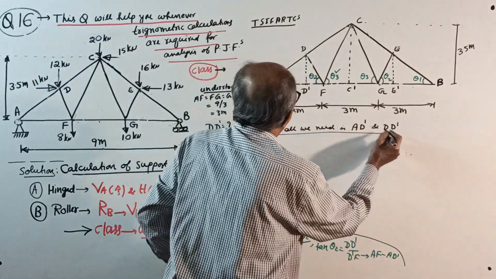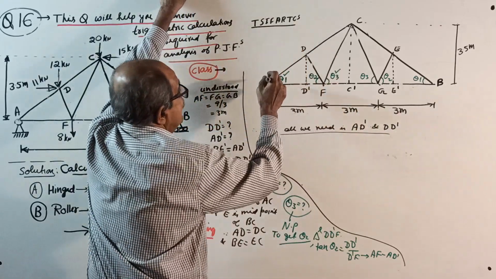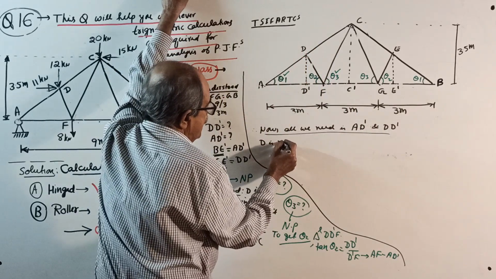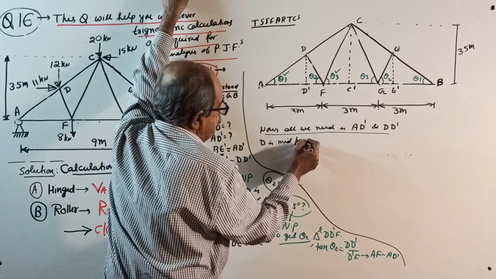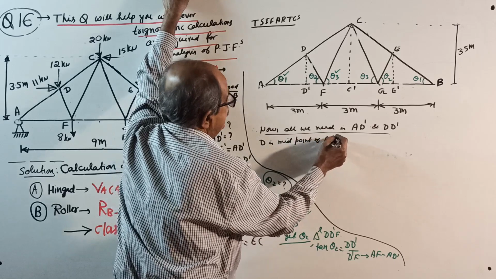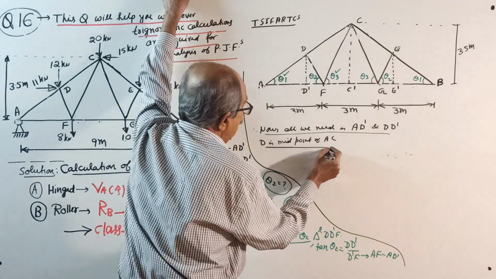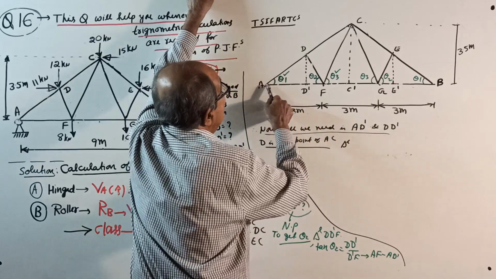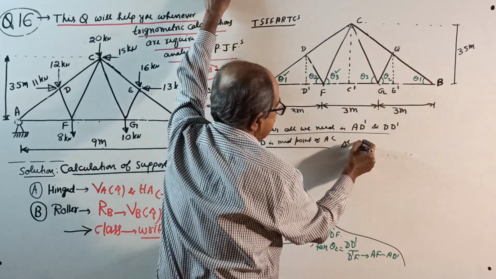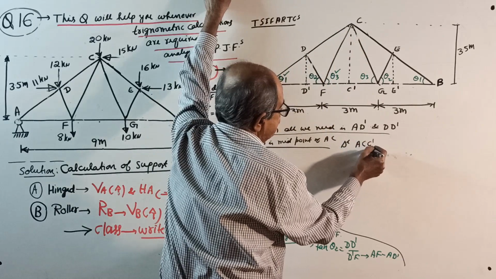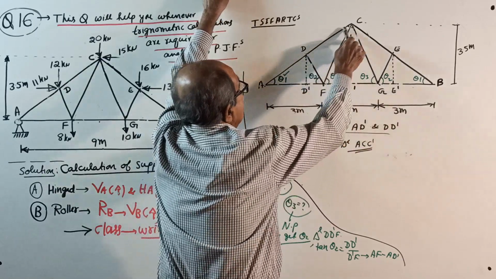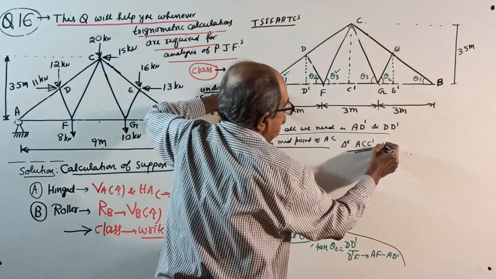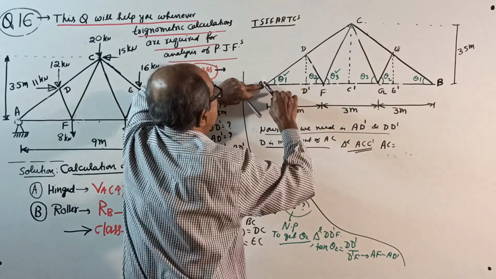Think a little. Now you know that D is the midpoint of AC. Therefore, first you consider the triangle ACC dash, which is a right angle triangle.